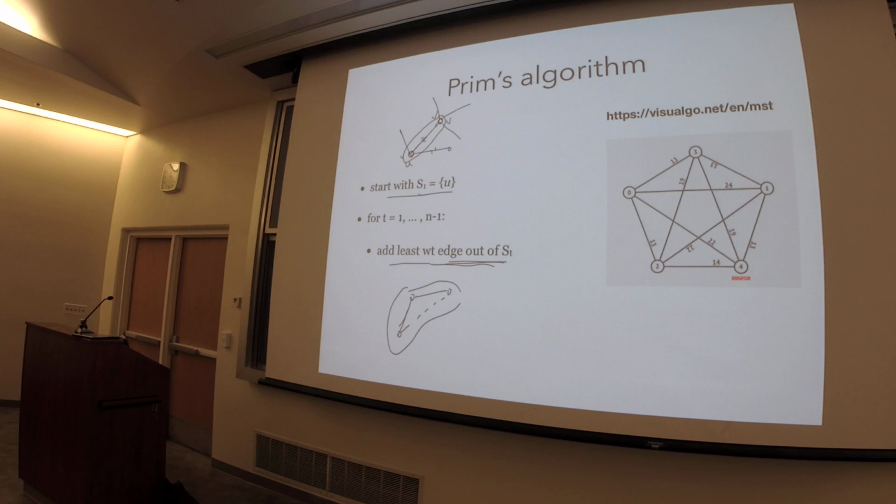And how long would it take? I'd start creating S of T, and then put exiting edges in a priority queue, and then choose the smallest edge.